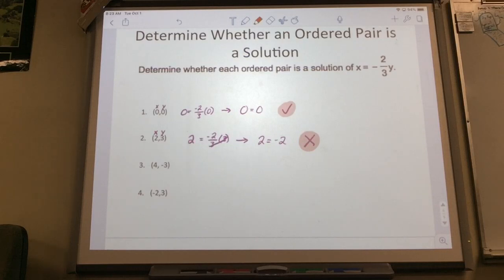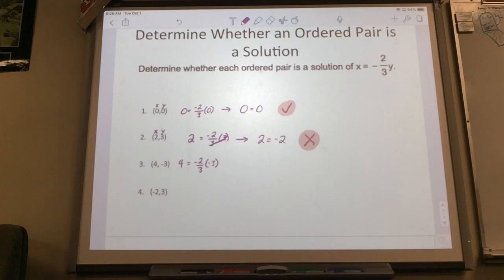Both of them have negatives in them, so you got to put them in parentheses, those negatives at least. For the first one, when we plug it in, that is 4 equals negative 2 over 3, and then Y is negative 3. Okay, a negative times a negative equals a positive, and the 3's cancel, so then we just have 4 equals 2.